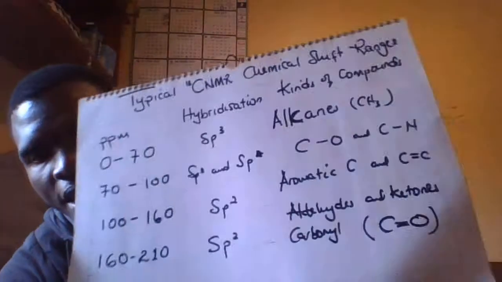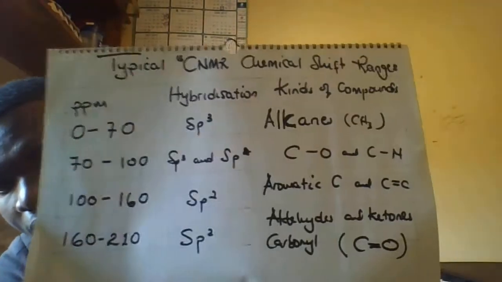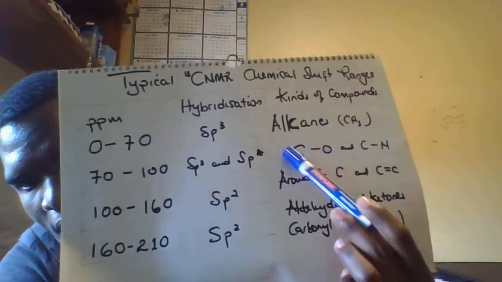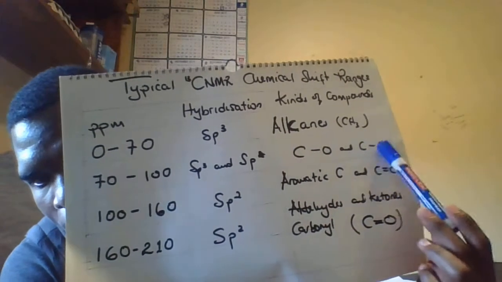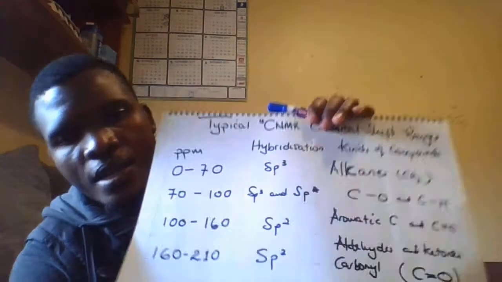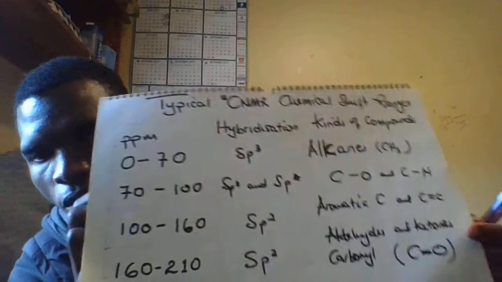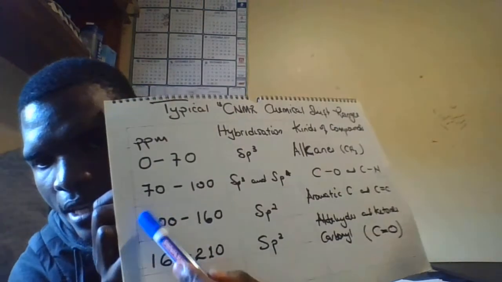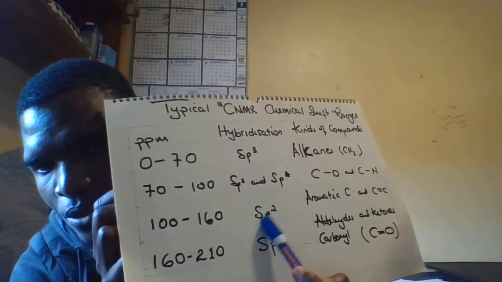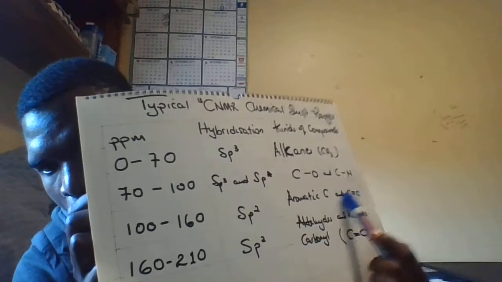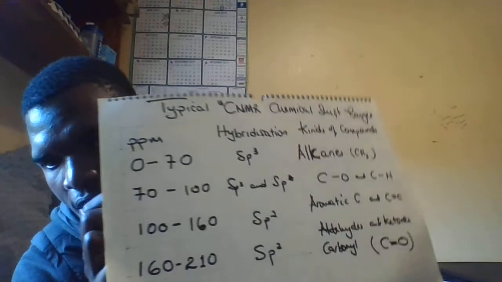The 98 peak, if you check, is falling here. So we cannot consider the CO because we don't have an oxygen. So CN is a possibility. Then we have a peak at 110. So 110 falls here, where we say it's an sp2 hybrid carbon, which can be an aromatic carbon or a carbon on the double bond, the alkene.